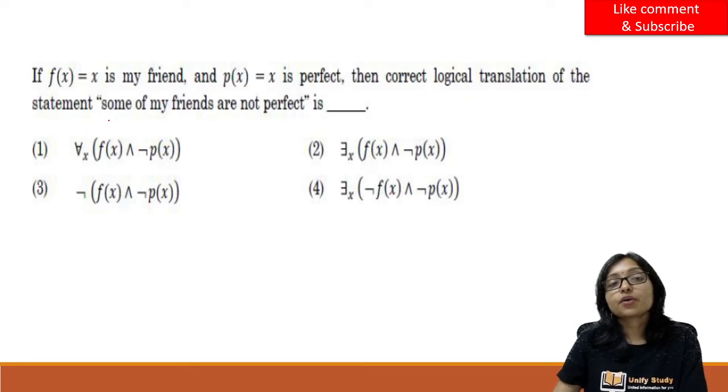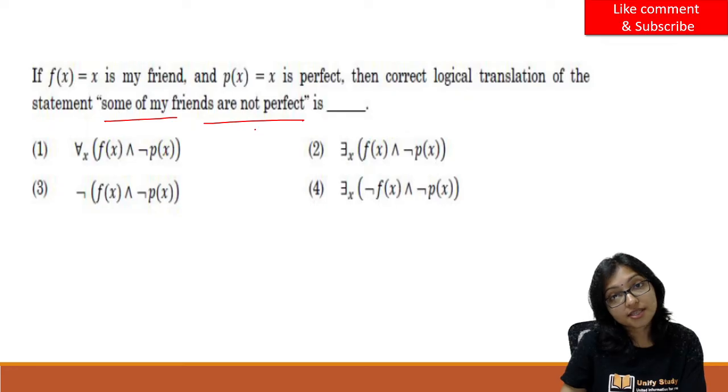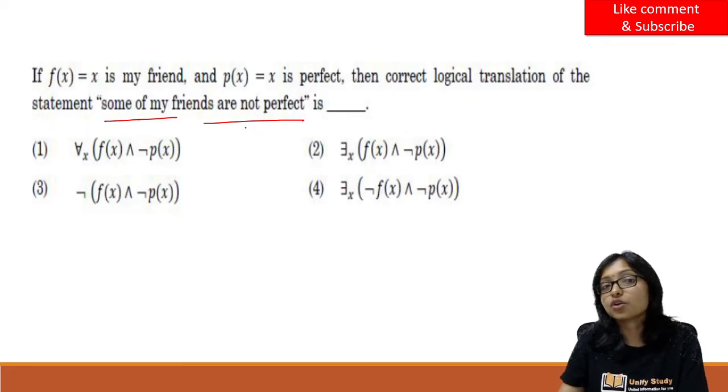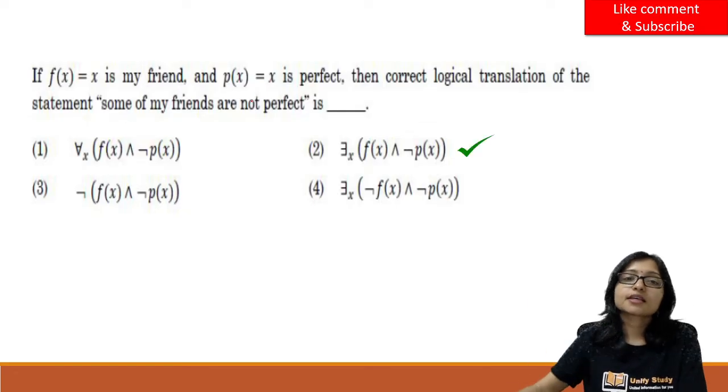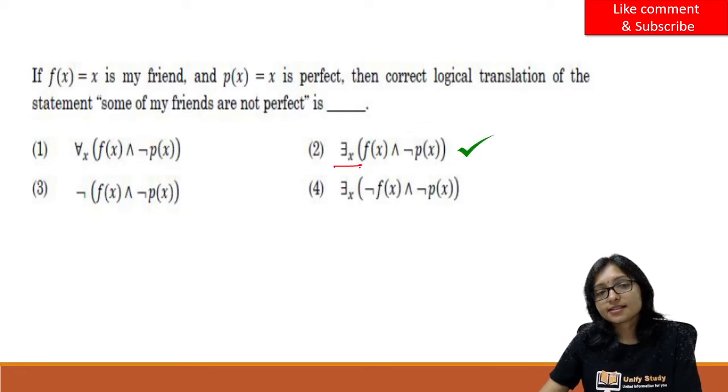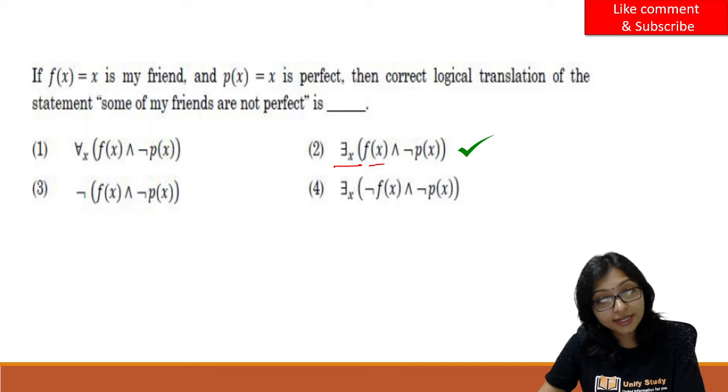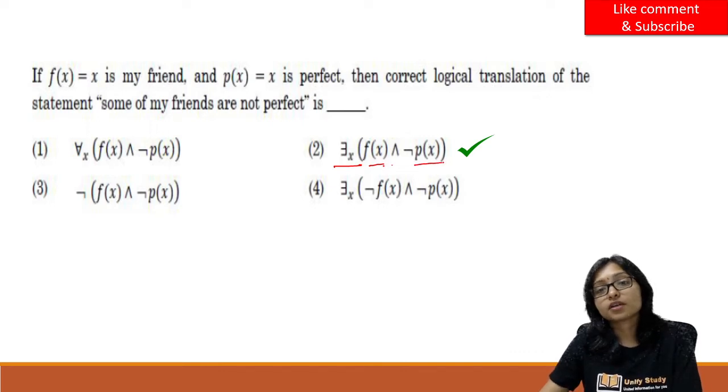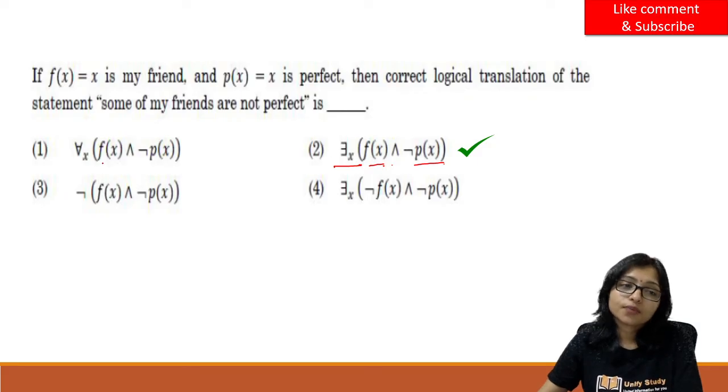Now we can do the question: some of my friends are not perfect. How to do? Yes, there exists x, they are my friend and not perfect. Ma'am, why is this not the answer? It is telling you for all, it is not some. So it cannot be the answer.